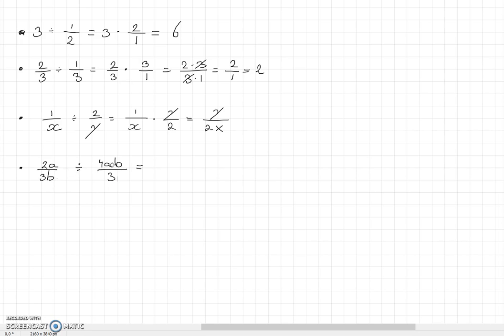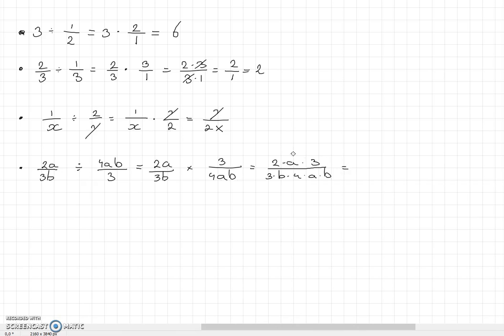2a/3b divided by 4ab/3 becomes 2a/3b times 3/4ab. This is the same as 2 times a times 3 divided by 3 times b times 4 times a times b.